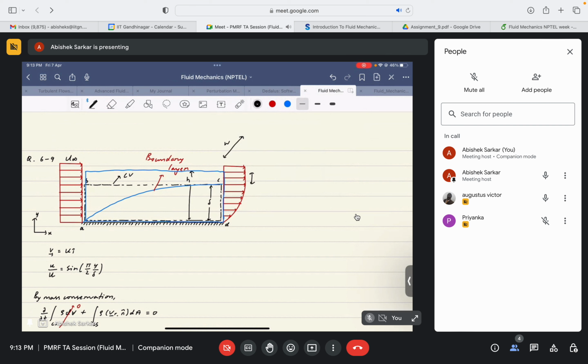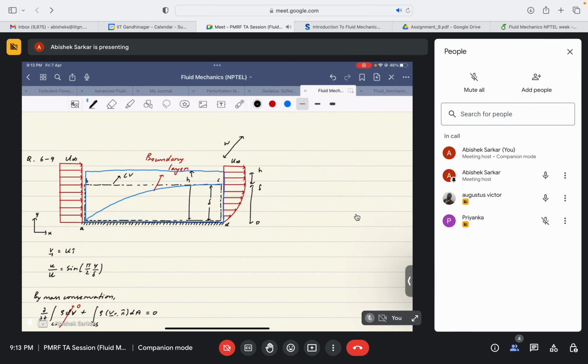So this would have been a bit difficult. You would have had to do an integration from 0 to delta, plus an integration from delta to h, with a velocity profile u infinity.